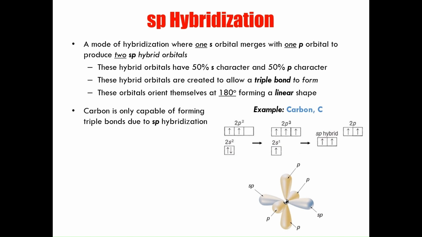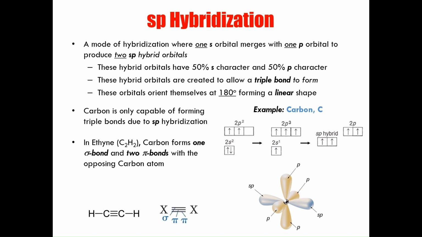This image shows these orbitals oriented around the central carbon atom. Represented in blue are the 2 hybrid orbitals protruding in opposite directions of the central carbon atom. And in yellow, you have the 2 p orbitals, one vertical p orbital and one horizontal p orbital. For the compound ethyne, C2H2, represented here, you have 2 carbon atoms that form a triple bond.